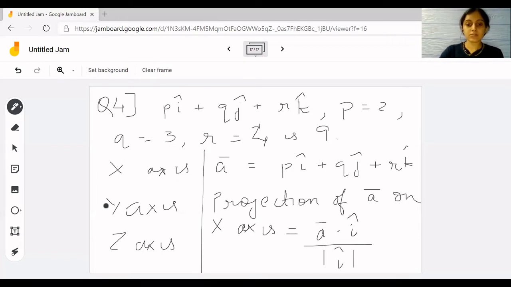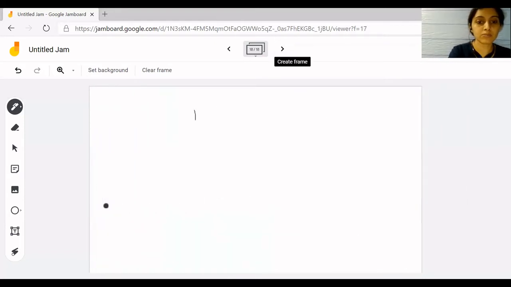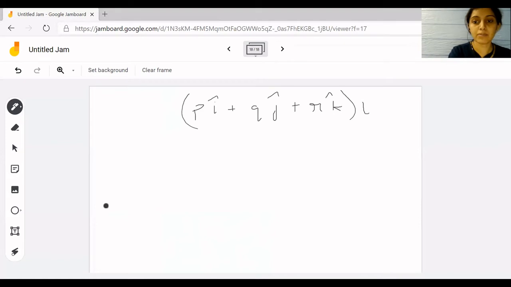Let us substitute the vector a bar, which is p i cap plus q j cap plus r k cap, multiplied by i cap upon the magnitude of i cap, which is 1.